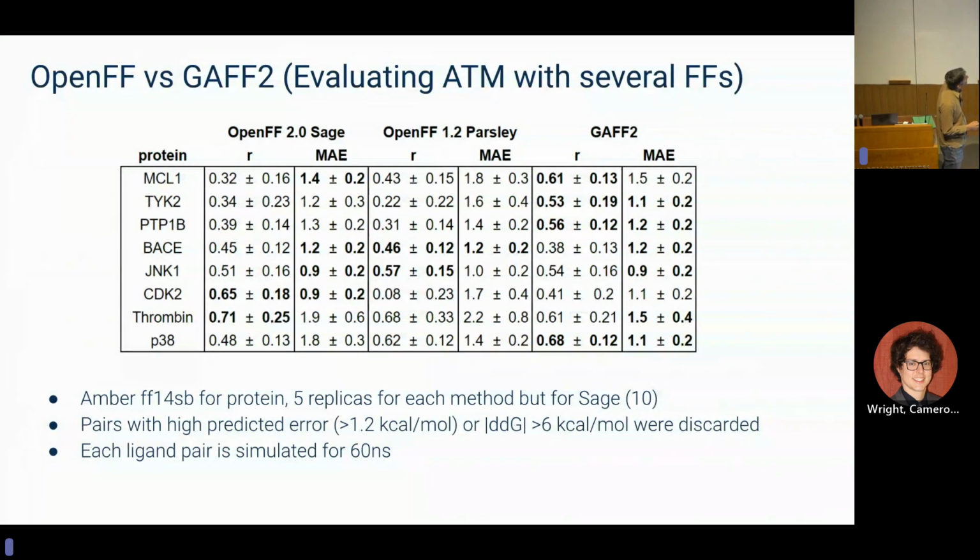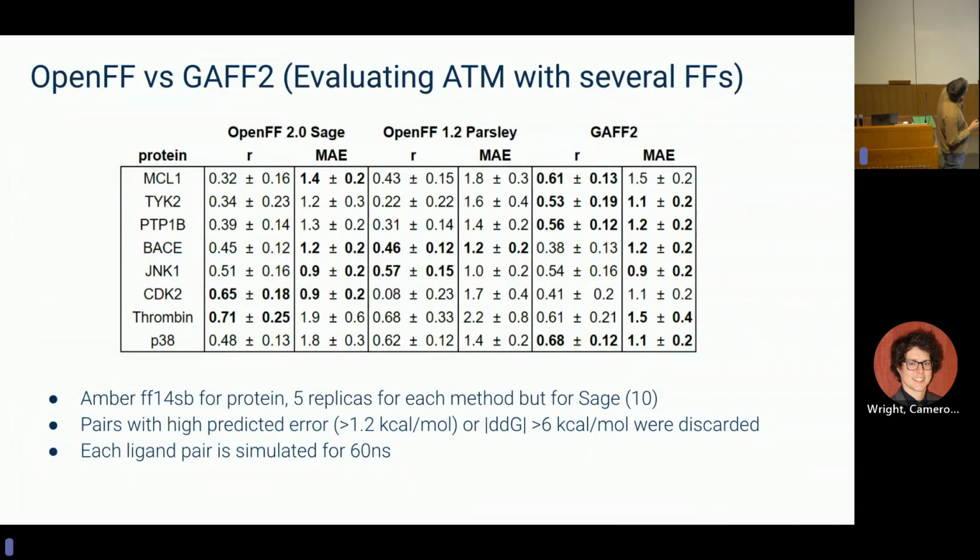So these are the results. For every pair, we did 5 to 10 replicas for each pair. And again, we see GAFF is not doing too badly. The black means best across the line. We tested GAFF2 here, OpenFF 1.2 and OpenFF 2.0.